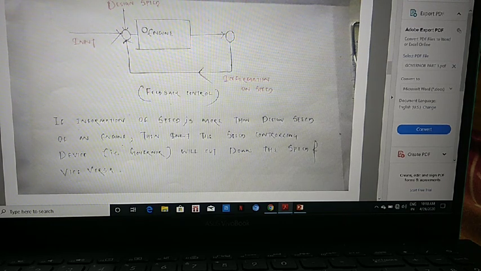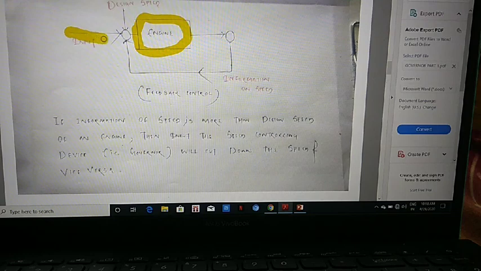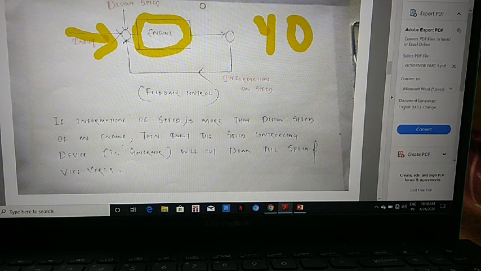So here is the engine, and it is a control loop system. It is the engine, it is the input power. Suppose the load on the engine increases, so that the speed decreases to 40 km per hour, but our design speed is 80. So there is a decrease in the speed.